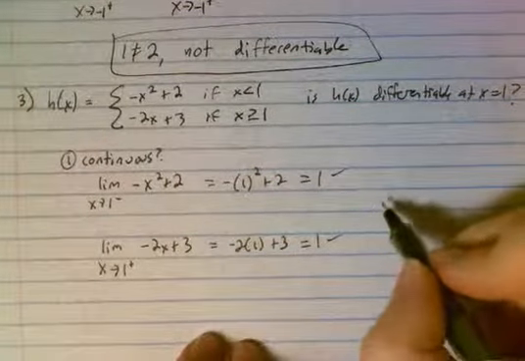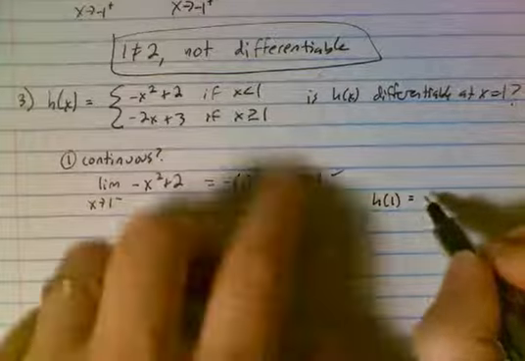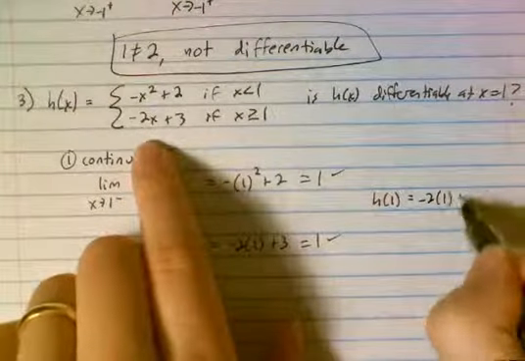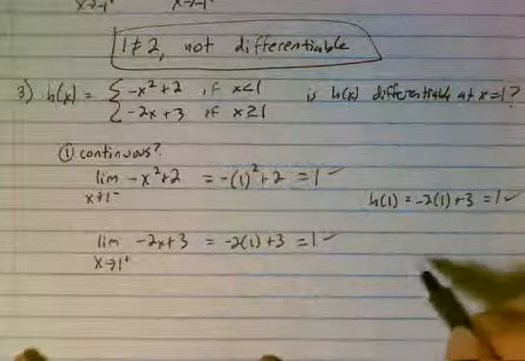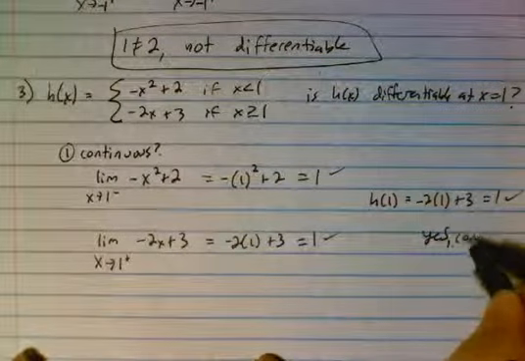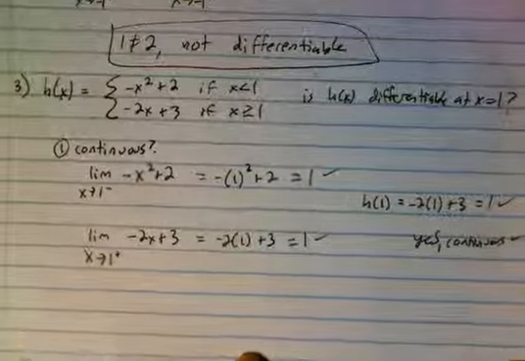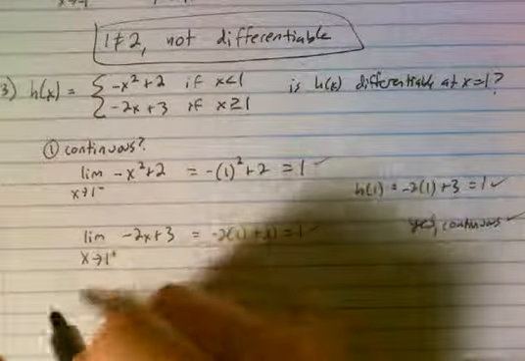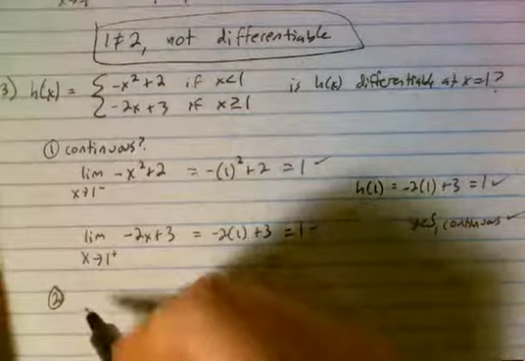And h of 1 is this one, -2 times 1 plus 3. So yes, it's continuous.